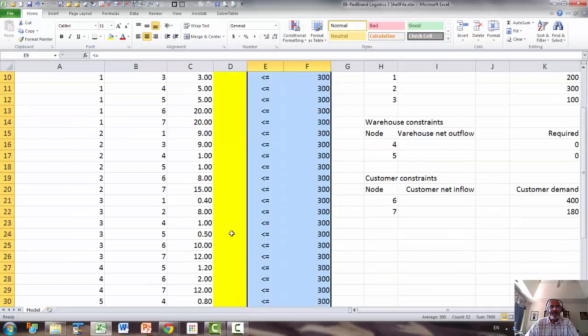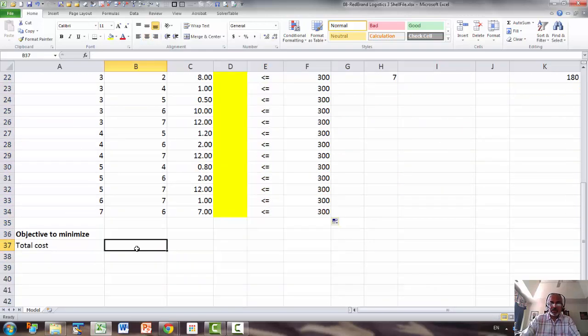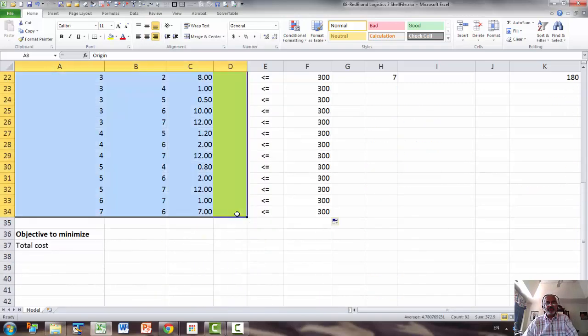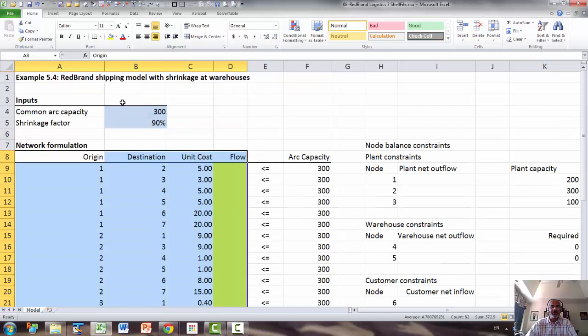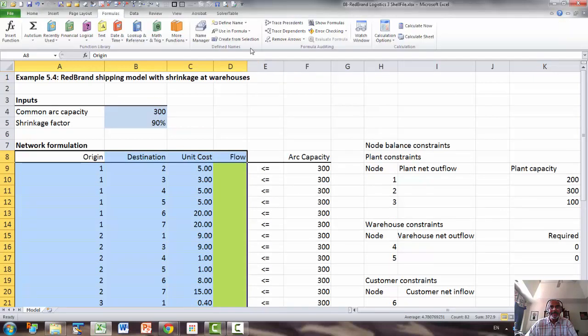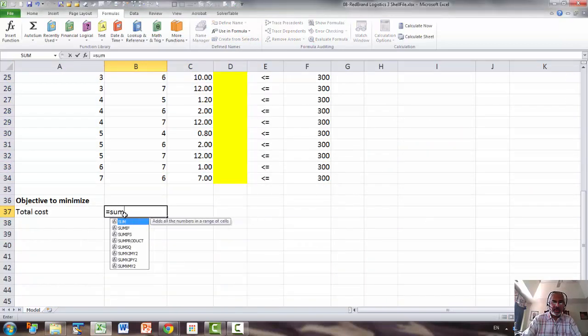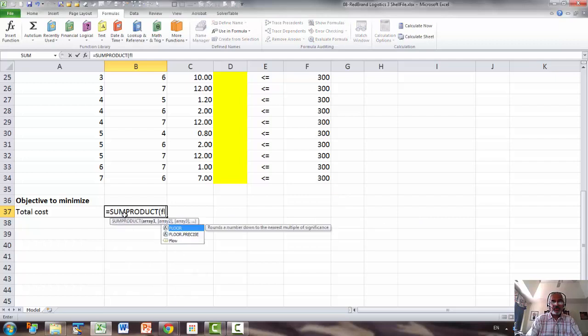Okay. Now total cost, well, let's give names for these. We won't give a name for our capacity. We'll use this common cell. So total cost is sum product of flow and unit cost.